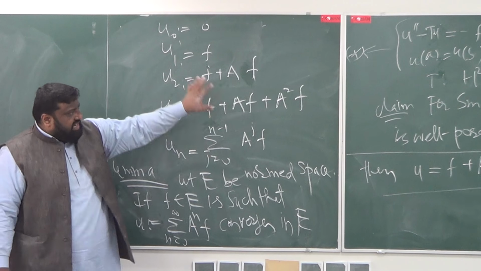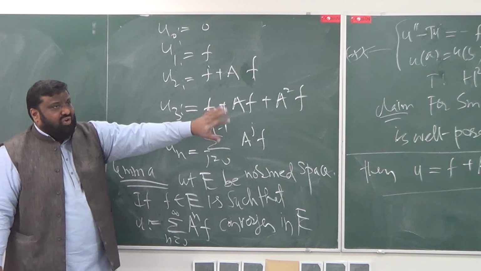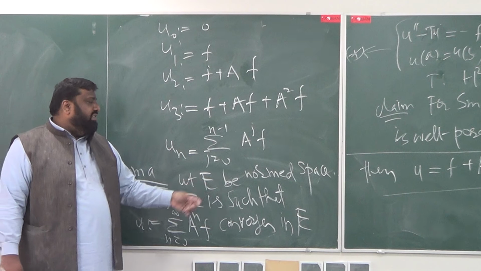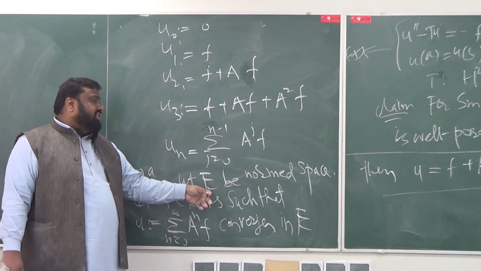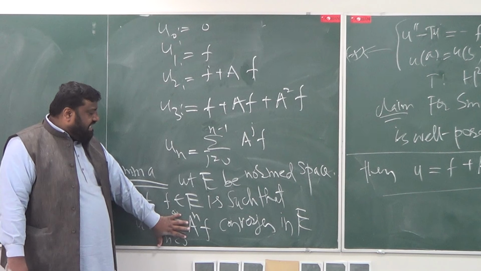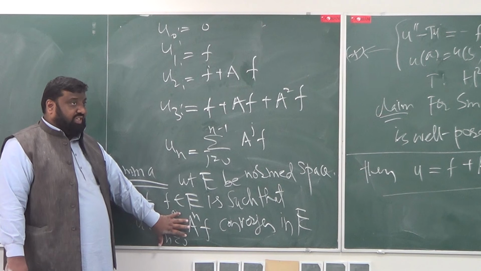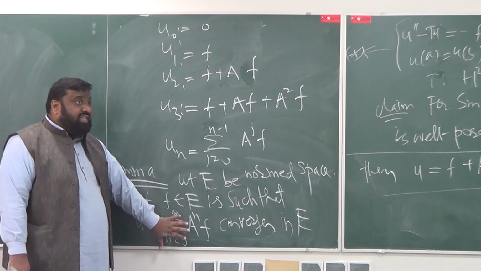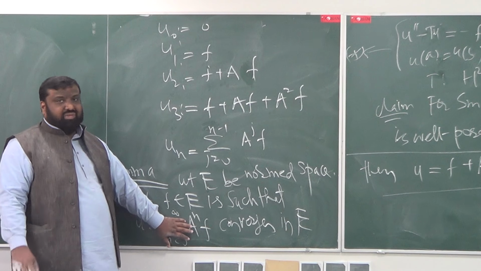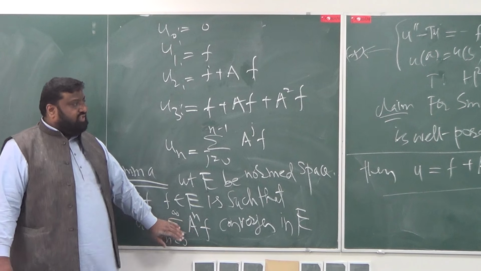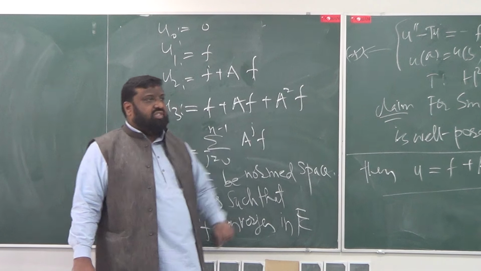So when you collect all this, I can collect all this discussion in the form of a lemma. I'm saying that if I have a normed space E for which this series is convergent, then the limit, roughly the sum, of this series is going to satisfy the equation that you want.